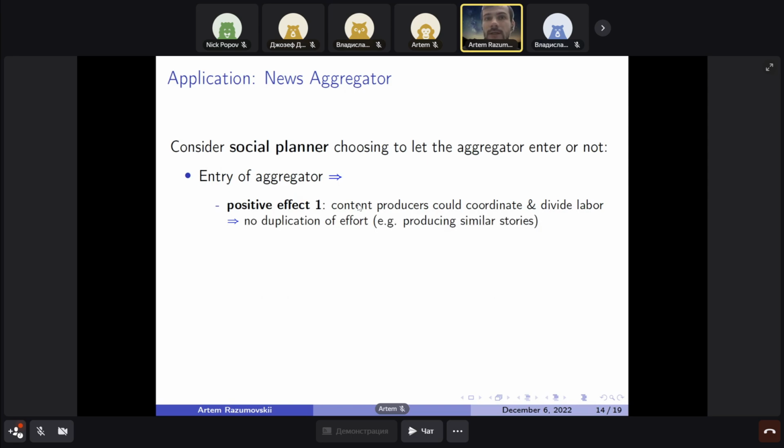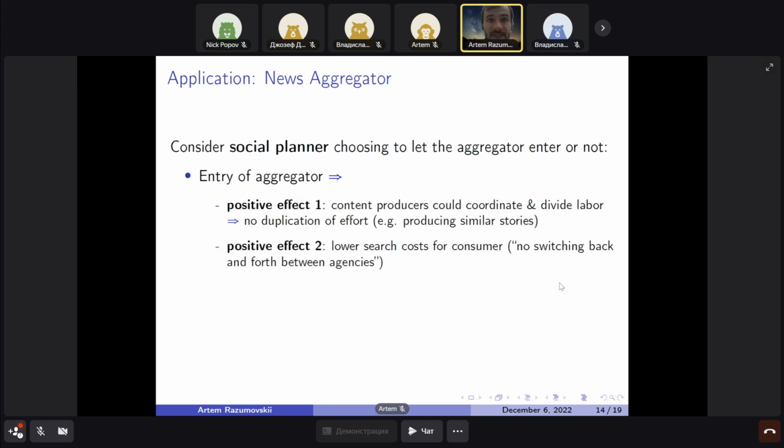Now, duplication here means that each agency focuses on high quality news on a topic, and then there is no incentive for agencies, if there is an aggregator, to double the effort in producing high quality news on the same topic.